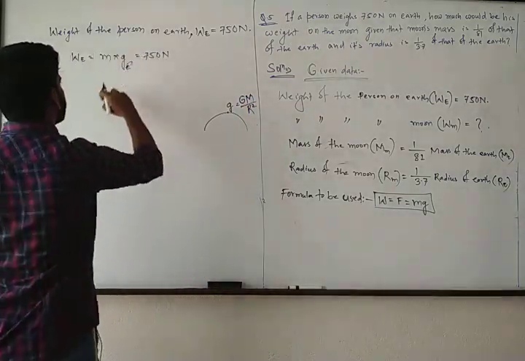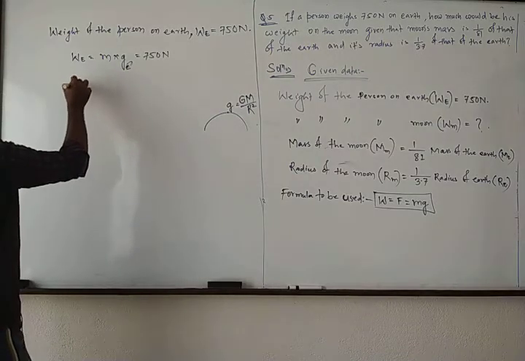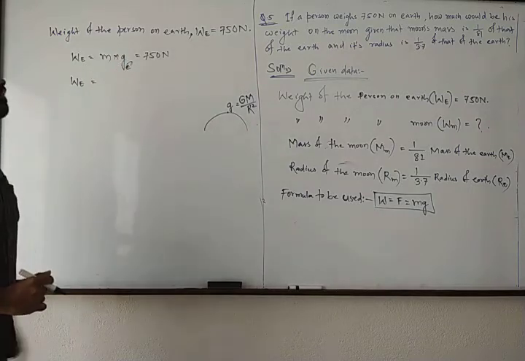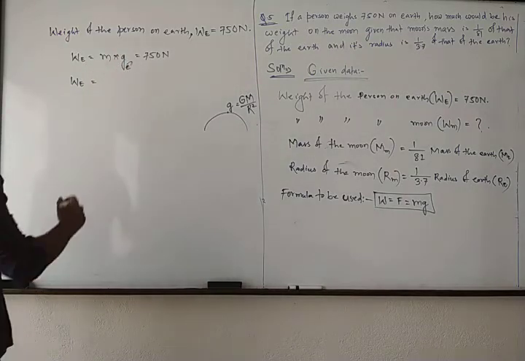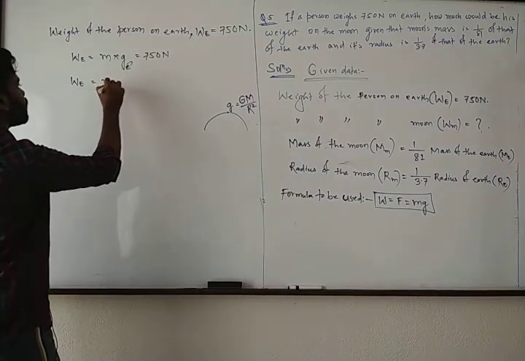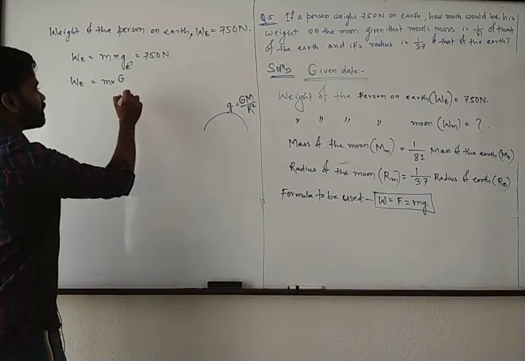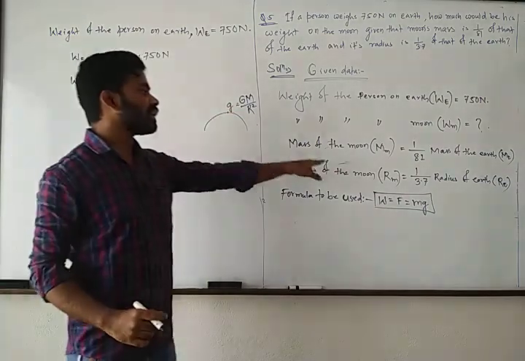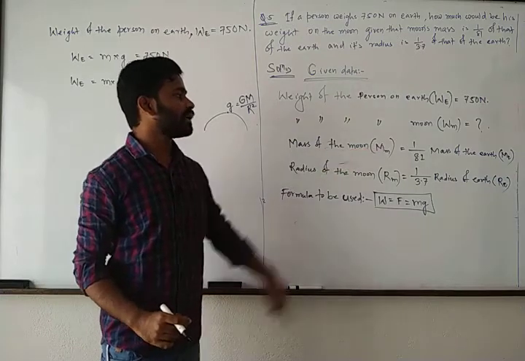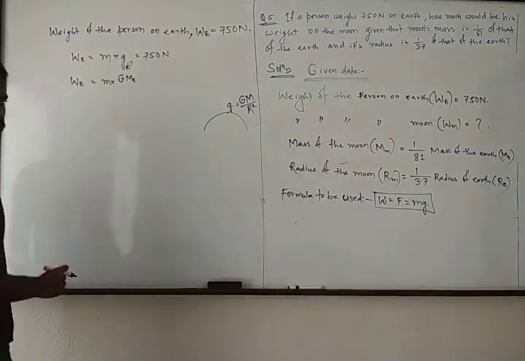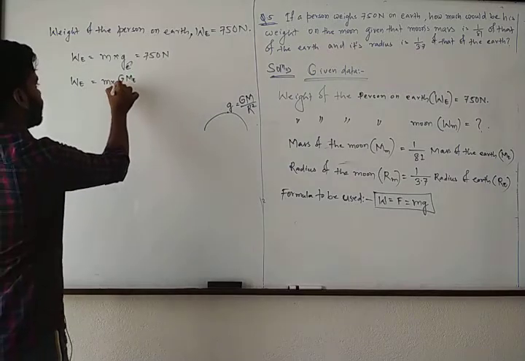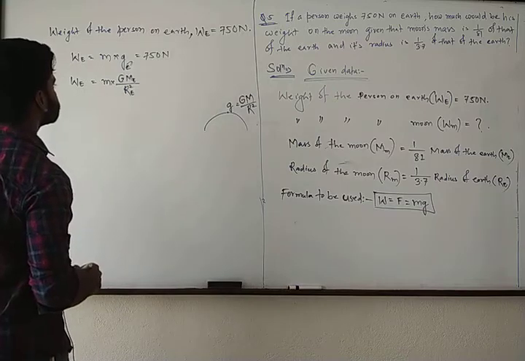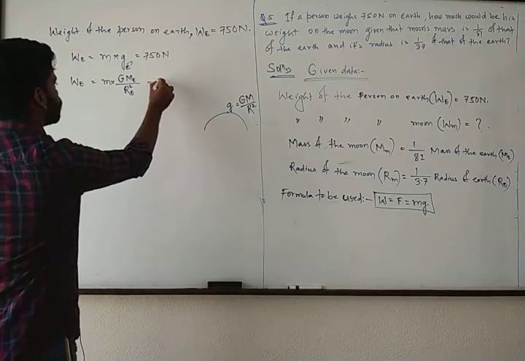So here I have to substitute the acceleration due to gravity on the surface of Earth: G, मास ऑफ अर्थ, यहाँ पे मास ऑफ अर्थ को हमने M subscript E से डिनोट किया है, ओके, divided by radius of Earth square. Okay, it is equal to 750 Newton.